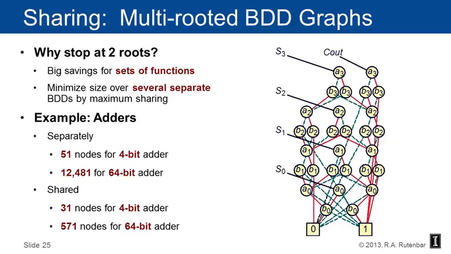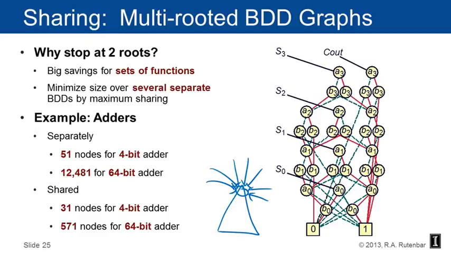And so here's a lovely example from Randy Bryant again. Why stop at 2 roots? Why not have as many roots as you want? So if I have a shared subfunction here, I can have all kinds of people wanting to use that thing, as many as I like. So these are big savings for sets of functions.